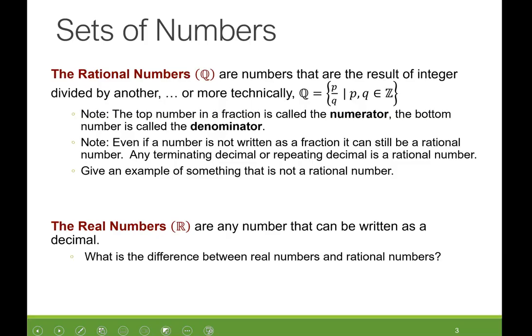Because you can't do that. Anything but imaginaries. It's anything you can write as a decimal, whether it's repeating or not, whether the decimal is infinite or not, it doesn't matter. It's still a real number as long as there's no i tacked on to the end of it, or a plus something i at the end of it.